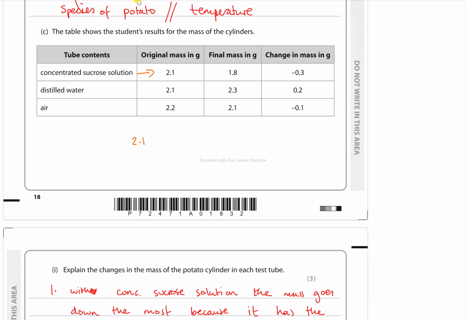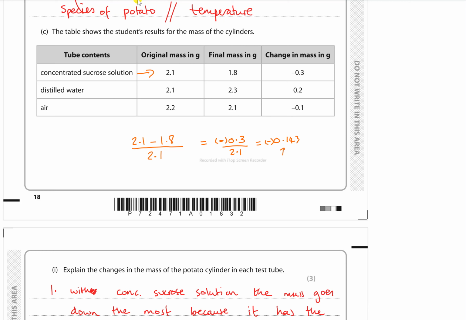So 2.1 minus 1.8 is. We're not interested in the minus. Over the original, over 2.1. So divided by 2.1, and you get a number of 0.143.